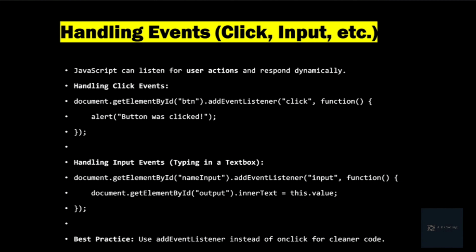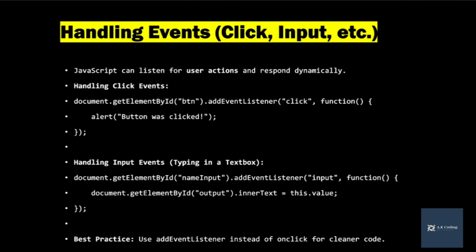We have click, input, and so on. JavaScript can listen for user actions and respond dynamically. Handling click events: how does it happen? As you know, here we're getting an HTML element by its ID called btn, and we are adding addEventListener, which is a basic of DOM.